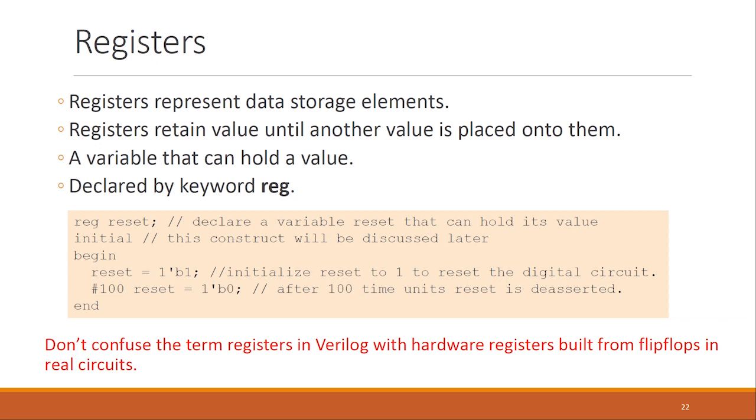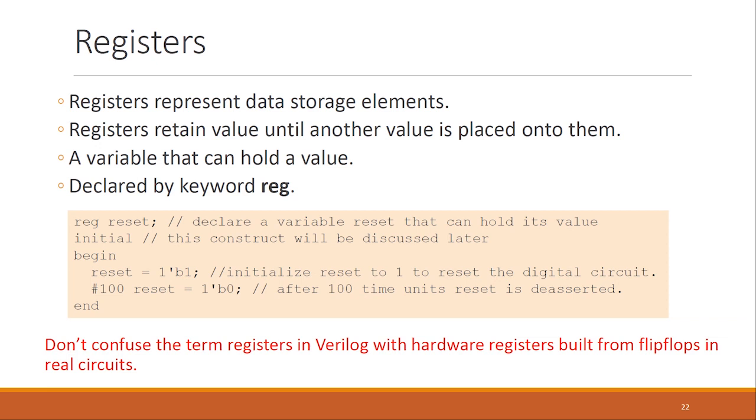For flip-flops, you all know that you need to have a clock, and at either the rising edge or the negative edge of the clock, what is there in the input is assigned to the output. So that is how a hardware register works. But this is not something like that. This is just a variable that can hold a value, so that you need to keep in mind.